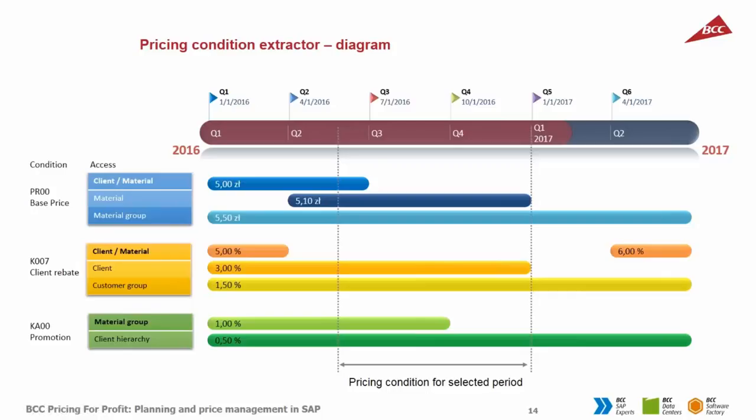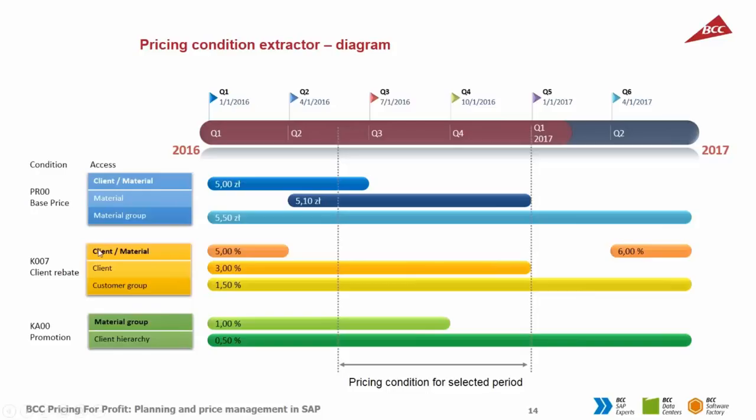Therefore, in the third quarter of 2016, the base price will be the price found with the key material, which amounts to 5 zlotys and 10 groszy. And it is valid until the end of the year, as we can see here.